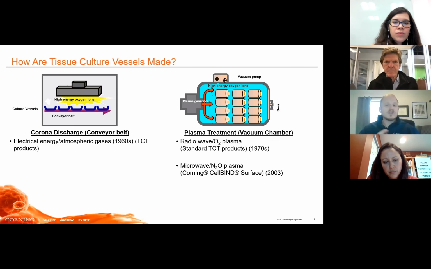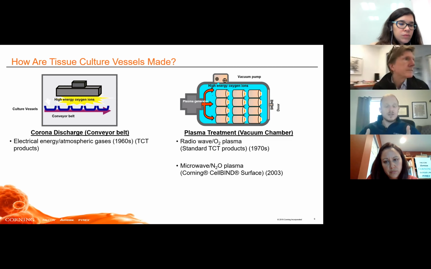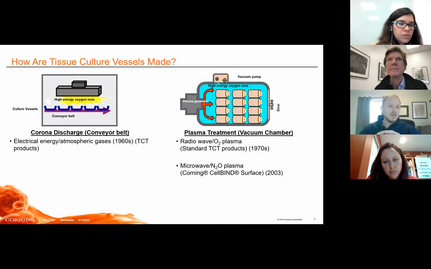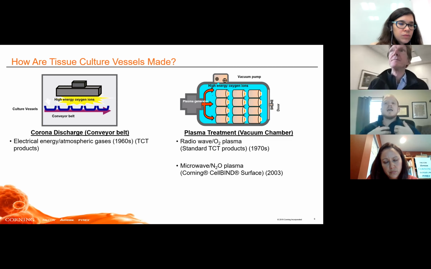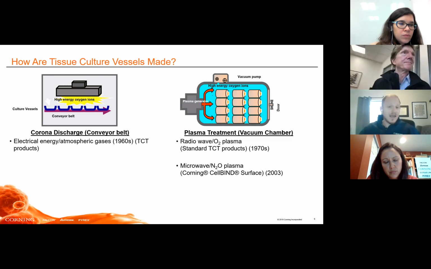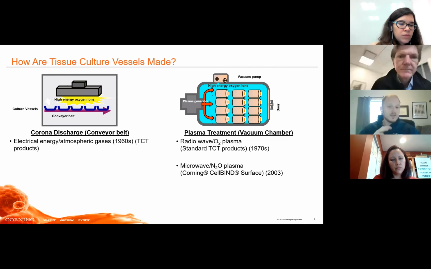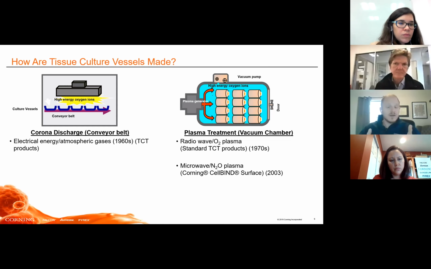So how are these vessels actually made? How is that treatment incorporated into the vessel? The historic method utilized the corona discharge and a conveyor belt. So the corona discharge was essentially electrical energy that utilizes the atmospheric gases to incorporate those oxygen species into the polystyrene backbone.